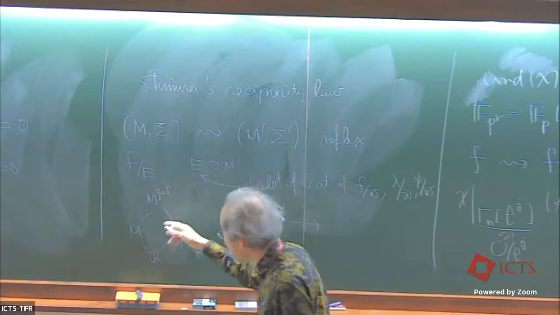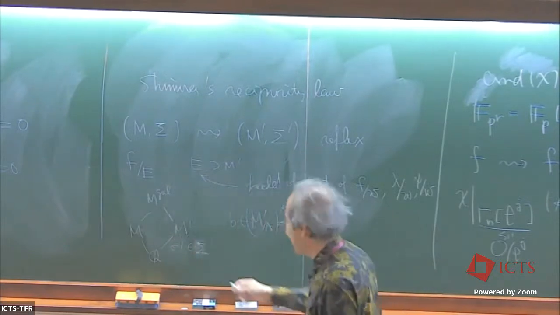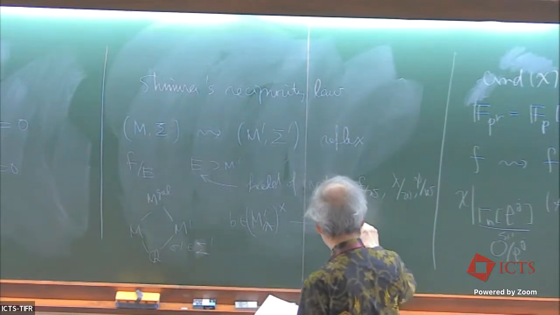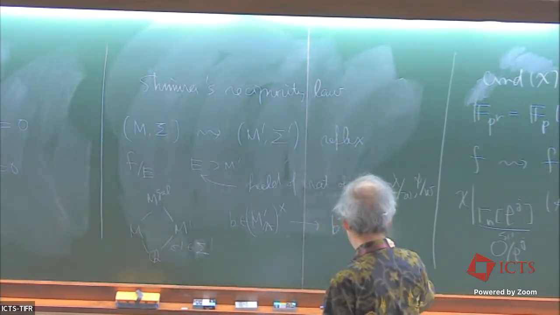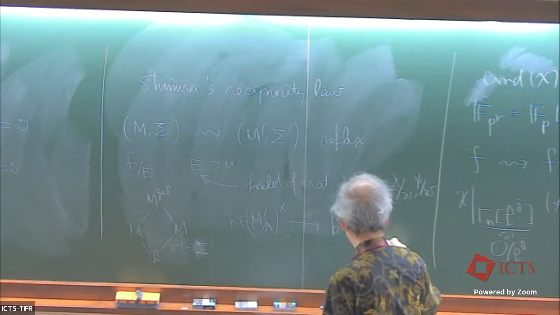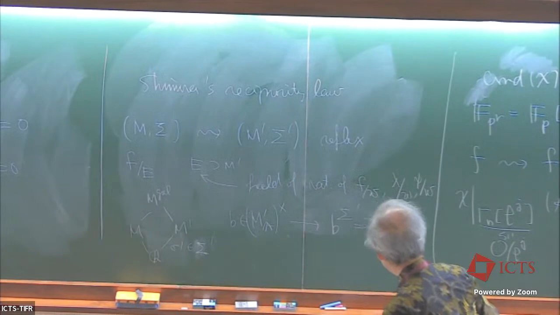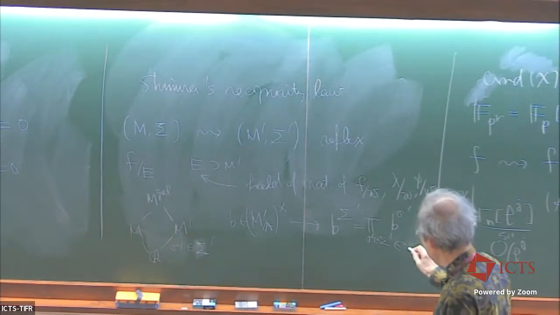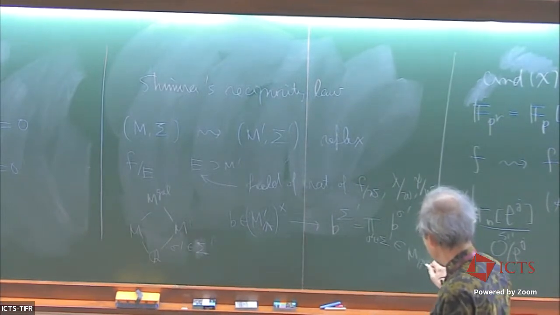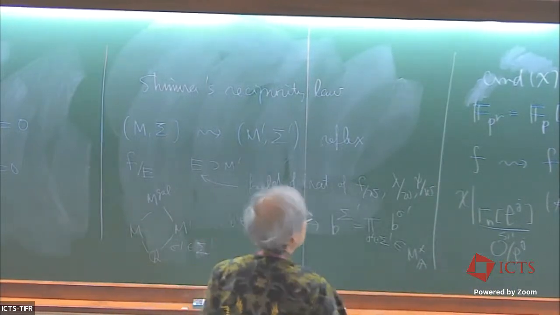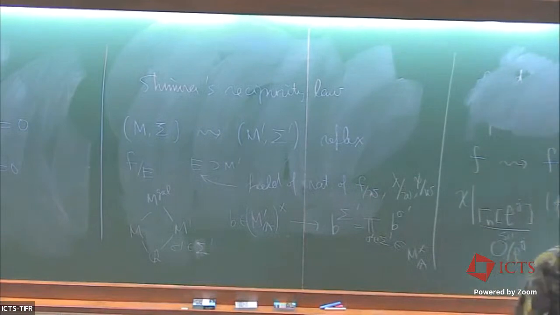You get an ideal somewhere in between, okay? Then you make a product, B to the sigma prime, a product over sigma prime in sigma prime of B sigma prime. Then this runs in MA cross. This is the CM theory, the complex multiplication theory of abelian varieties.